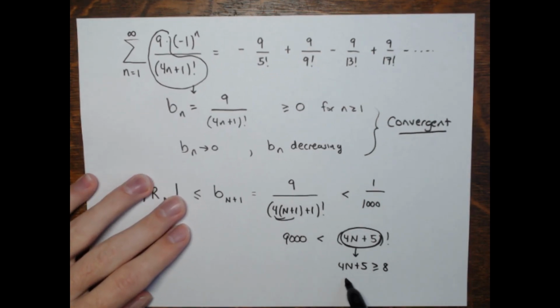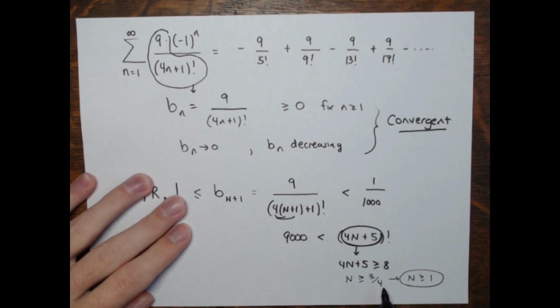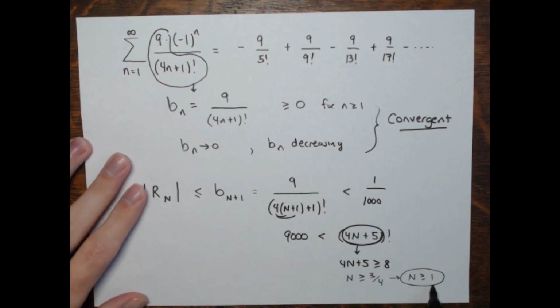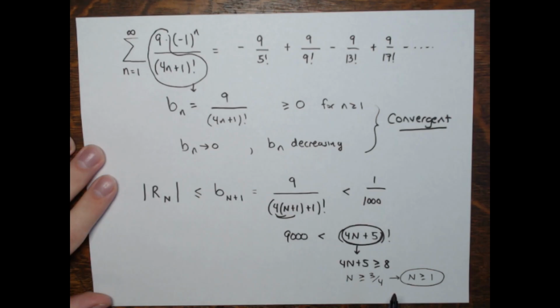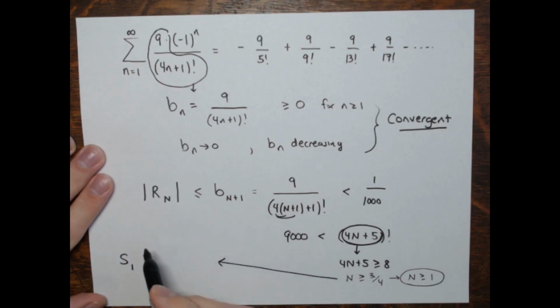And then solving this for capital N, we'd have N must be greater than or equal to 3/4. But because N needs to be some whole number, I'll say N has to be greater than or equal to 1, something bigger than 3/4. So 1 or greater. If I add one term of this series, I'll get the desired level of accuracy. So S sub 1 will give the desired level of accuracy.